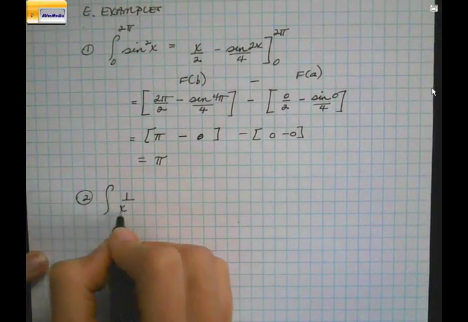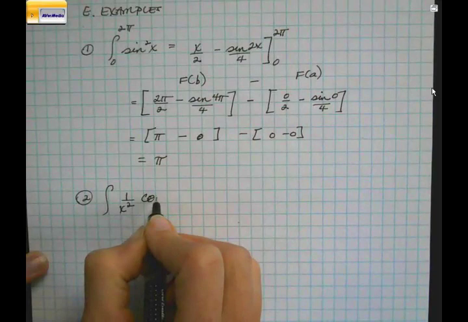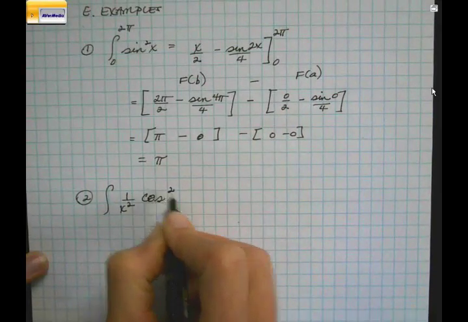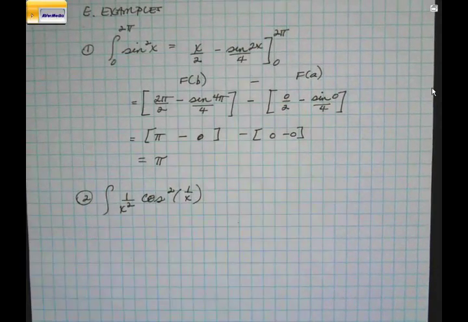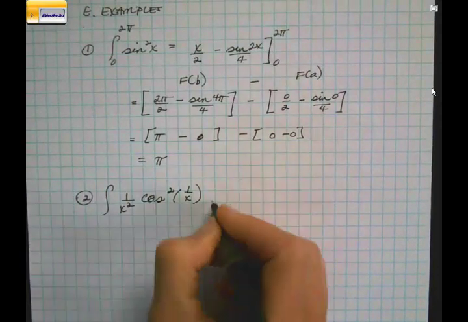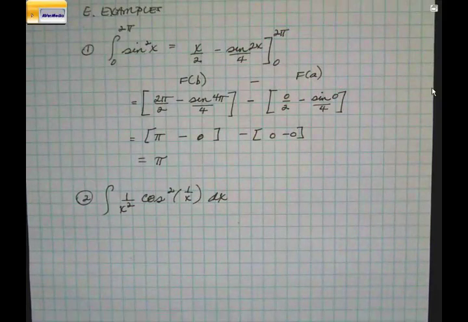Suppose they ask me to integrate 1 over x squared cosine squared of 1 over x dx. Oh boy. This doesn't look like it is exactly fun.